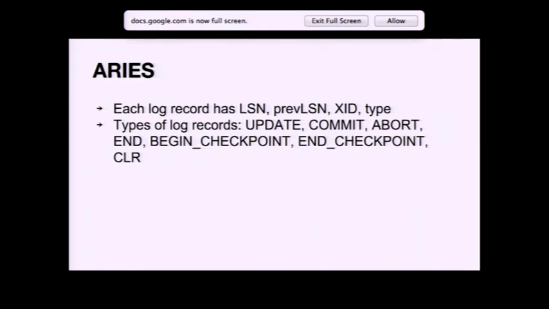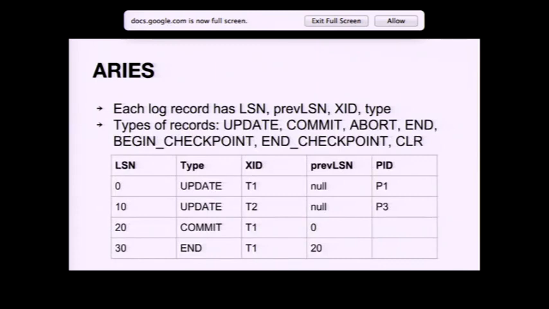The previous LSN is important because if you have actions that are performed by any one transaction, you can follow those prev LSN pointers back in time, and it essentially forms a linked list that leads all the way back to the beginning of the transaction. XID is the identifier of the transaction, and type is any of these types that are listed here. So a log record can have types update, commit, abort, begin checkpoint, end checkpoint, or CLR. I'm going to go over each one of these in a little bit more detail.